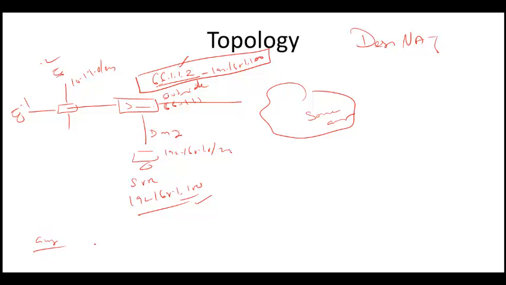Third question, what is the original destination address? 66.1.1.2. That's the original destination address. Now, what is the zone to which that 66 belongs?